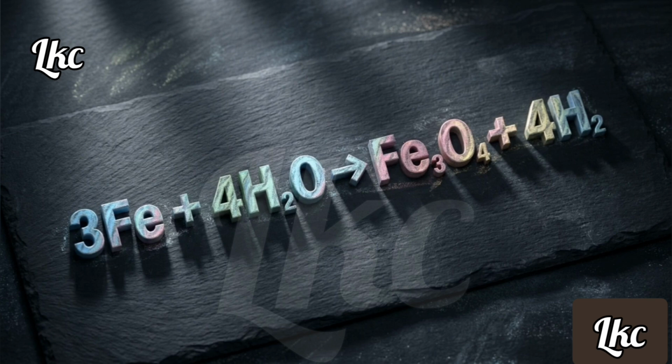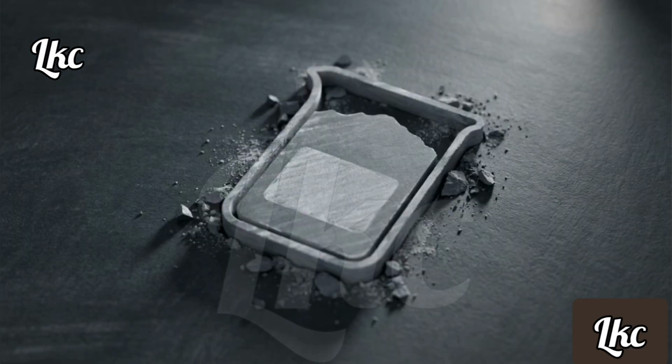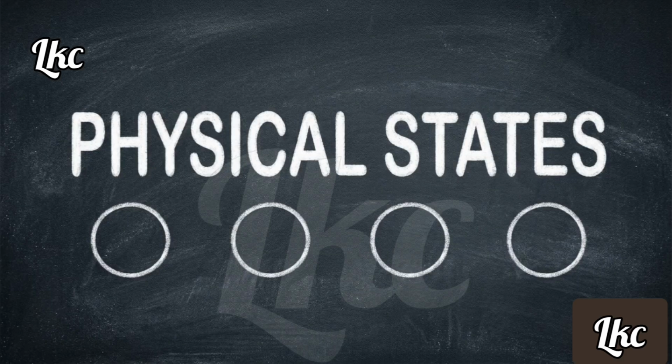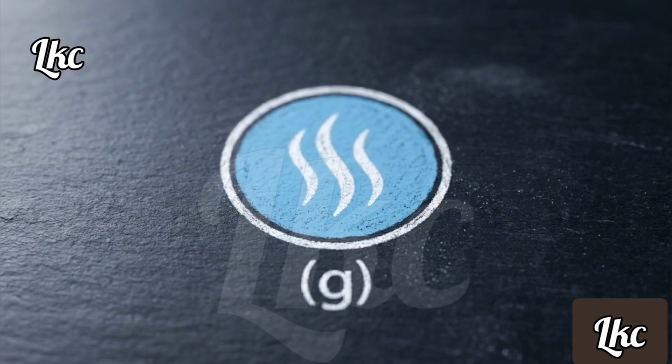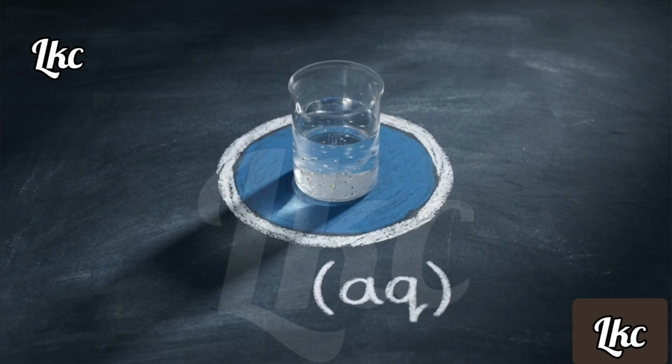By manipulating these external coefficients, we have forced our theoretical paper model to align with the physical requirements of mass conservation. While mathematically balanced, the equation still lacks a description of physical state. We complete the model using 4 symbols: S for solid, L for liquid, G for gas, and AQ for aqueous solutions.